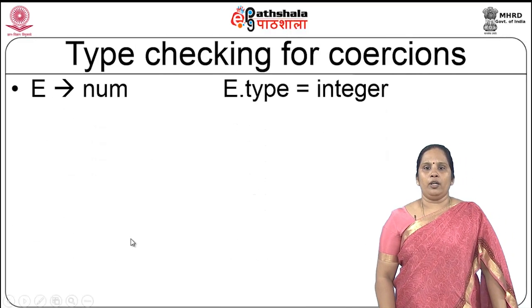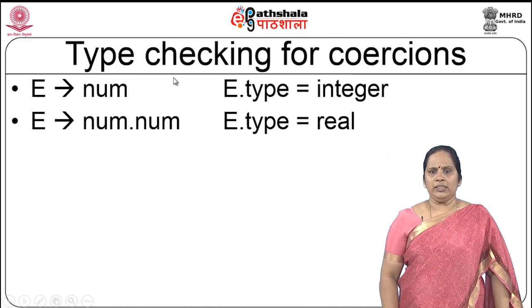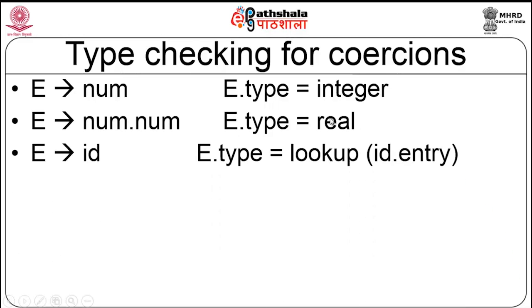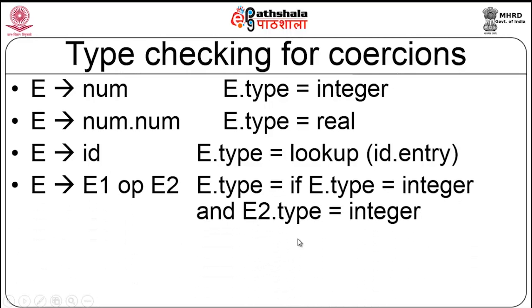So for coercions, this is going to be the same as we already know. Num is type integer; num.num means I am talking about a real number. Again this is Pascal, therefore we call it real as compared to float in C. So E produces ID: in that case the type of E will depend upon what is looked up in your symbol table.